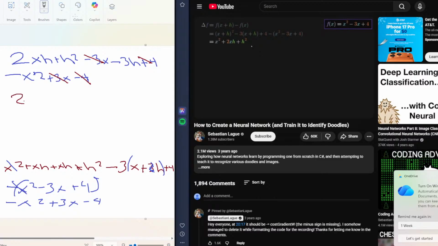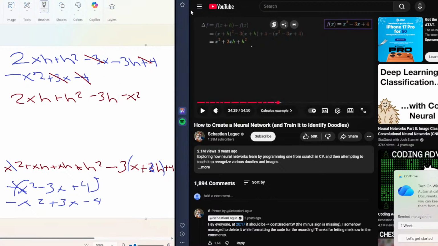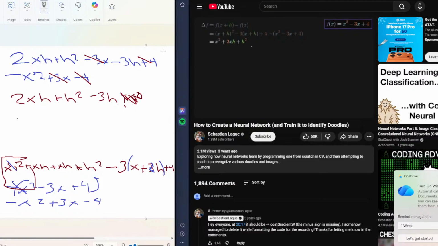So you end up with 2xh plus h squared minus 3h minus x squared, from my understanding. Oh no, this gets crossed out as well because these terms are together. This gets crossed out, which leaves 2xh plus h squared minus 3h.